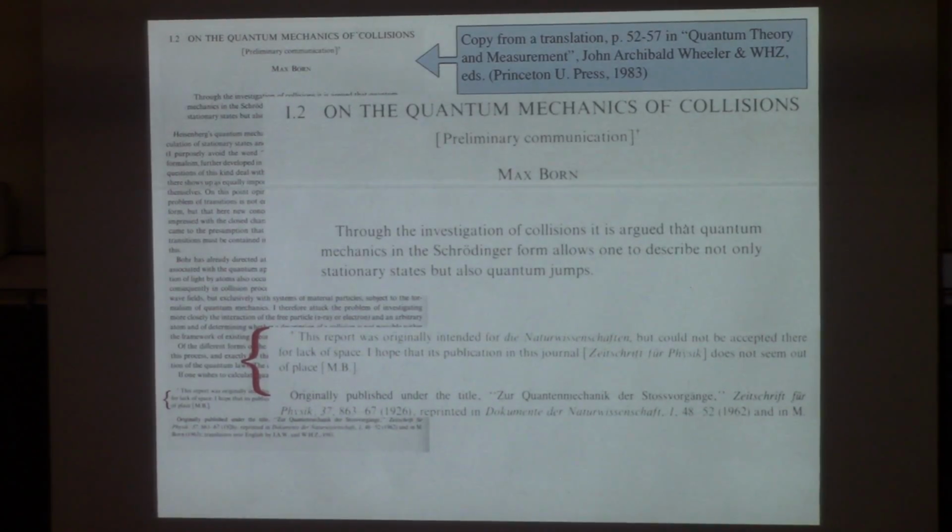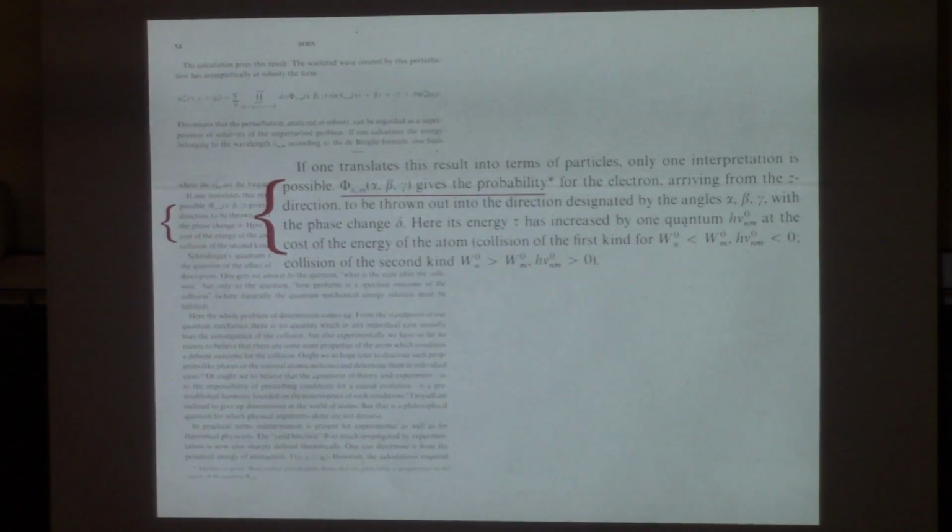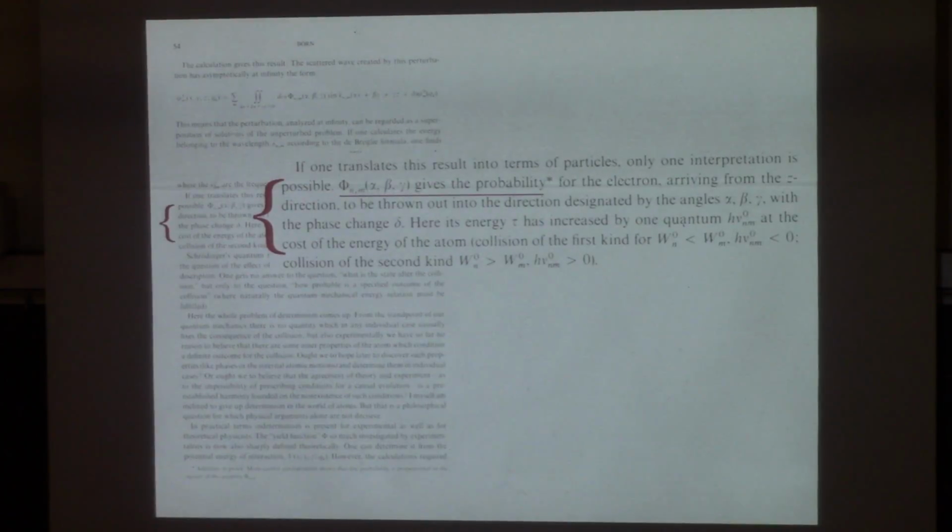Nobel Prize, 25 years later. So if your paper gets rejected, don't despair. There's hope. You go to the next page. That's where the relation between the probabilities and amplitudes appears. And here's a sentence: if one translates this result into terms of particles, only one interpretation is possible.